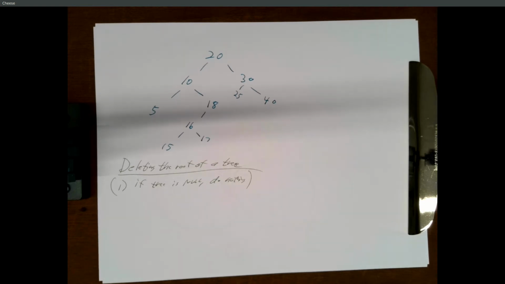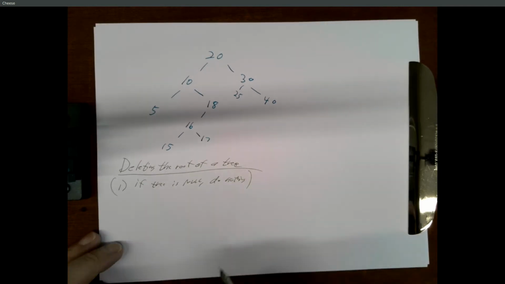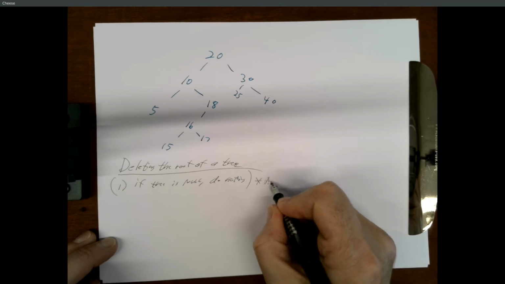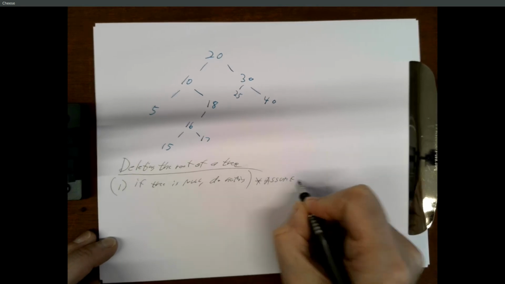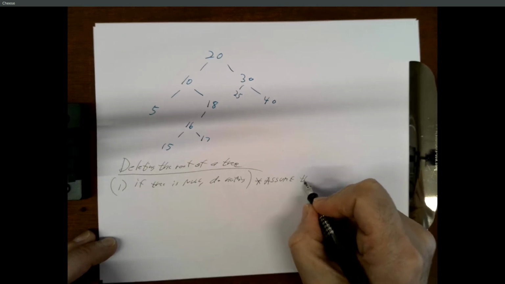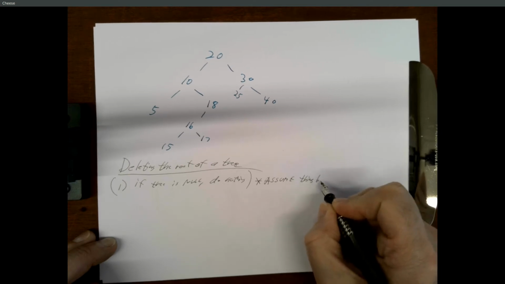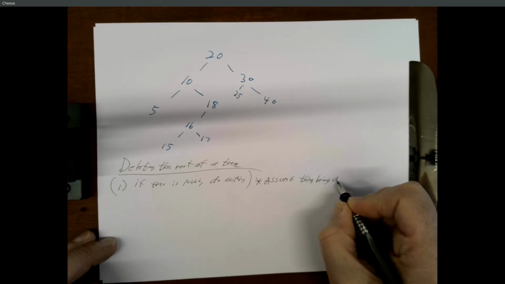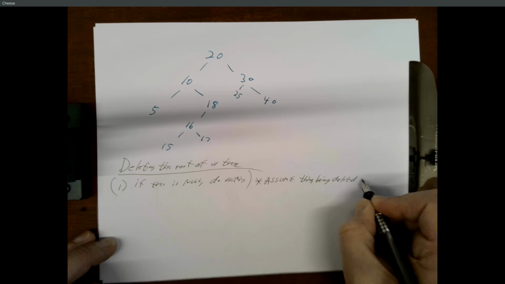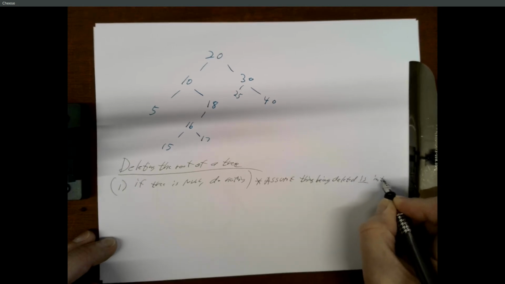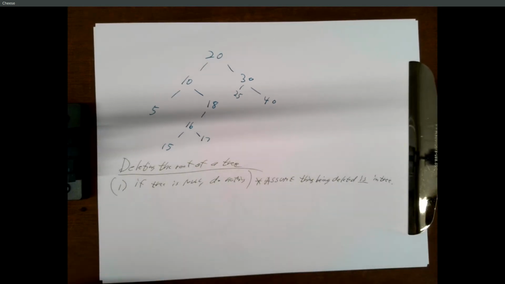So this should never happen because a null tree has nothing in it. We can't be deleting from it. So assume the thing being deleted is in the tree. That's going to simplify some of our work.